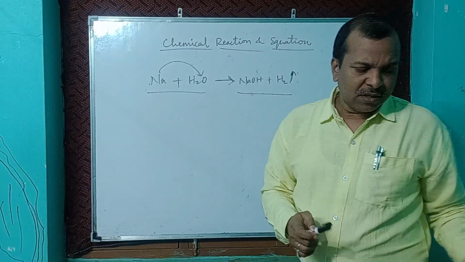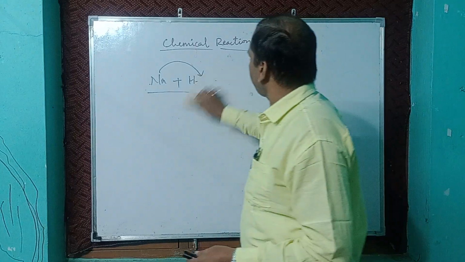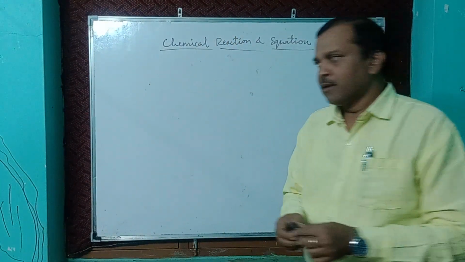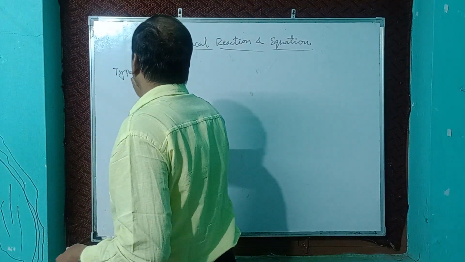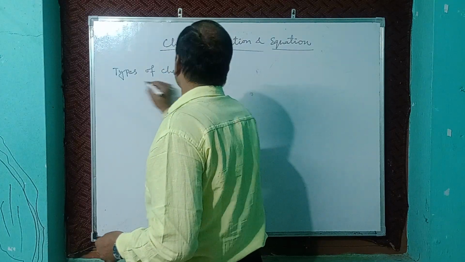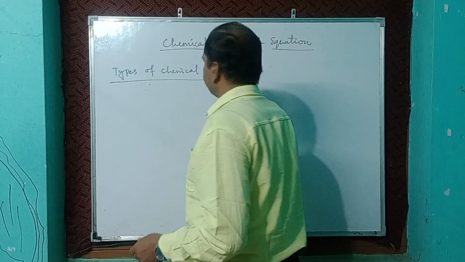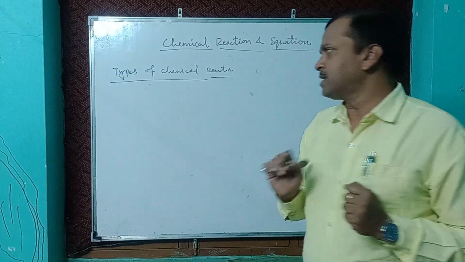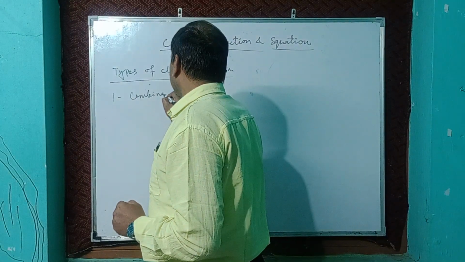Okay. So now we will discuss types of chemical reactions. How many types of chemical reactions are there? In that, first one is combination reaction.